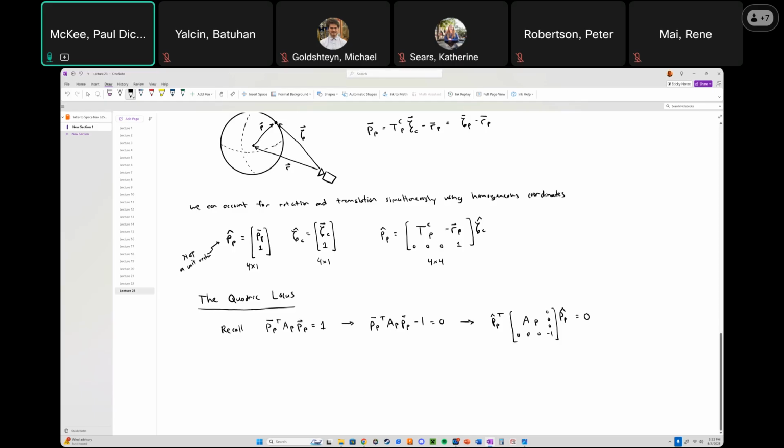So all we're doing is using the homogeneous matrix from before. This guy is now no longer A_P. It's like A_P with zeros and a negative 1. We're going to call this Q_P. Okay. So if Q_P, the matrix, is full rank, which would need to be a rank of 4, it describes what is called a proper quadric locus.